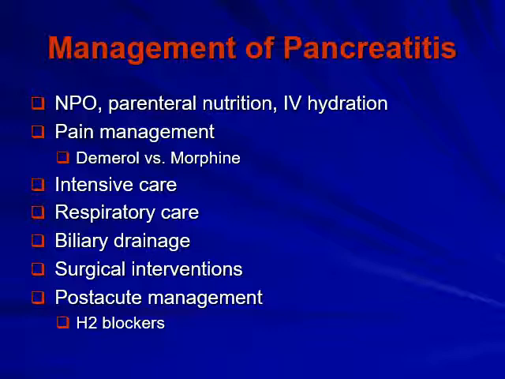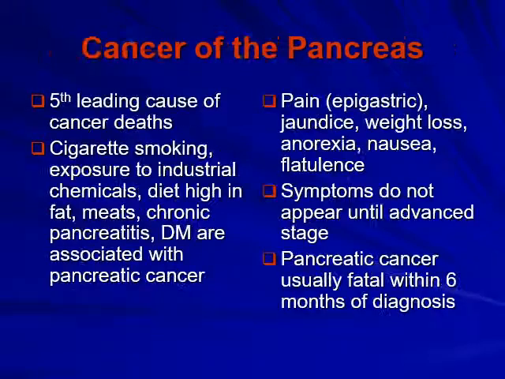Respiratory care, if need be, biliary drainage and stents or drains that might be necessary. Surgical intervention is pretty rare, but is potentially possible. And then post-acute management, H2 blockers can be helpful for the symptom management.